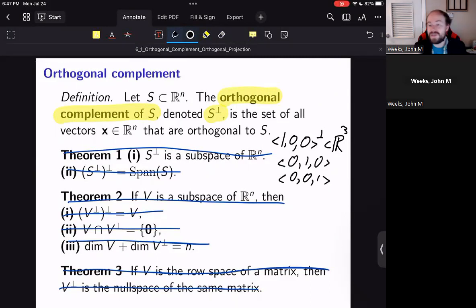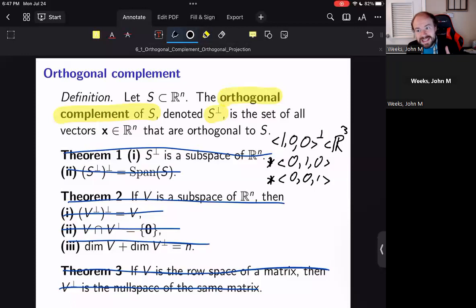When we take their dot product with (1, 0, 0), that gives us 0, and they are linearly independent from each other. Notably, if I took a linear combination of vectors of this form, it would also be perpendicular to (1, 0, 0), thanks to a previous theorem. So the subspace generated by these two vectors would also be orthogonal to S.